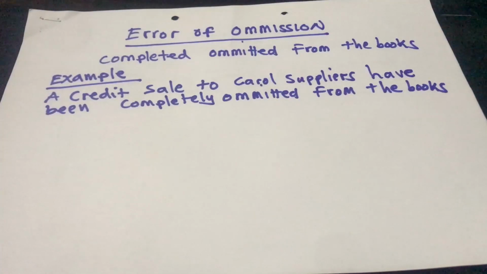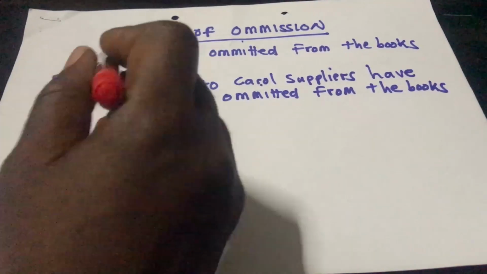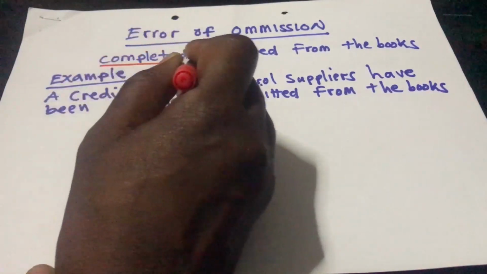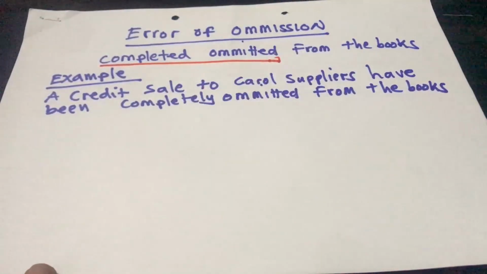So the first error we have is the error of omission. Now, this error is very simple to define. So, when you completely omit a transaction from the books, that's an error of omission. So, this is not deliberate.